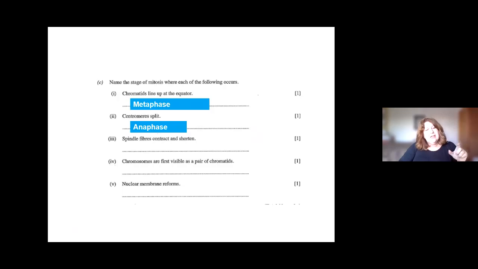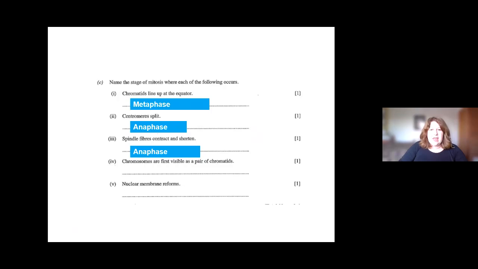They have to split because the chromatids are leading the way to the poles by the centromeres, which have had to split because one centromere is attached to each chromatid. Spindle fibers contracting and shortening: which phase? Anaphase. Hope you were correct.